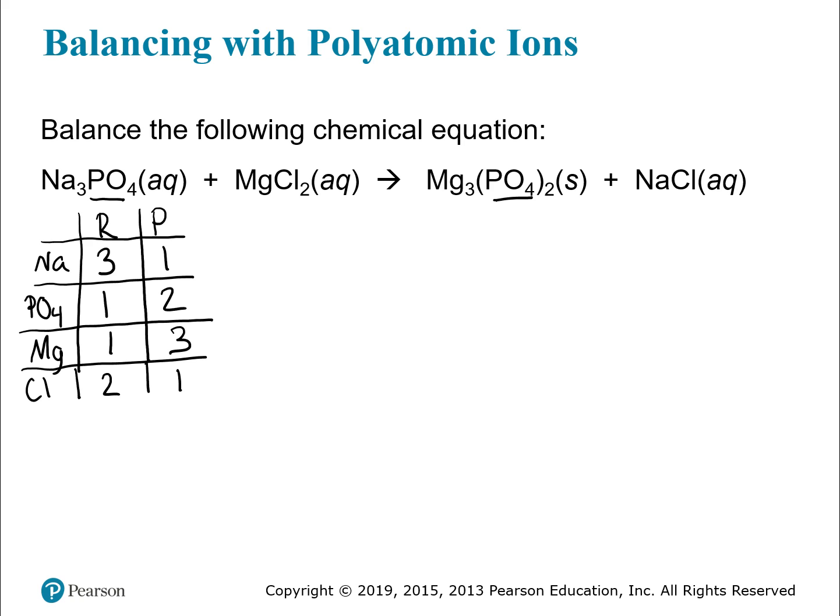Where you choose to start is up to you. But if I see a polyatomic ion, I usually start with that first. We're going to multiply by 2 on the reactant side.